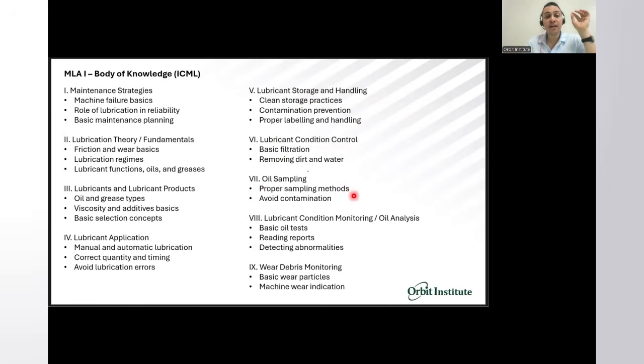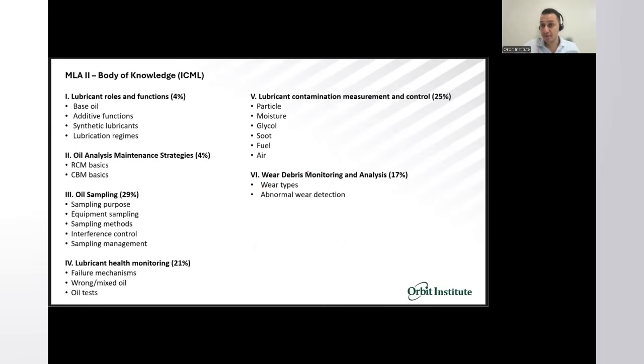It covers the best practice of oil sampling, where exactly to sample, the basic oil analysis tests and condition monitoring, and then wear debris monitoring. This is the first level of machinery lubrication analysis.